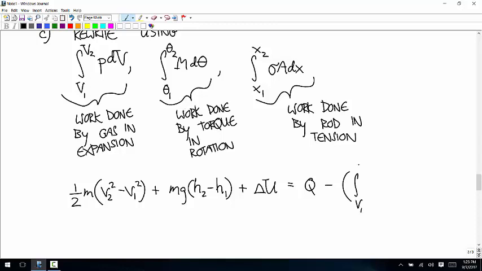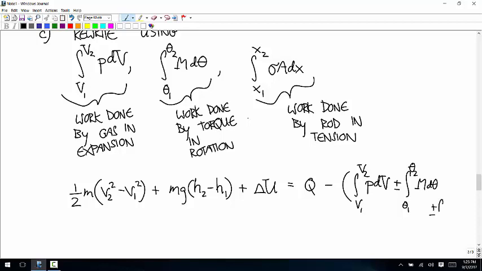So you have the work, the integral of PdV. You have, depending on the next two, work that's done on the system or work applied by the system. So I'm going to do both of these as plus or minus, depending on whether the torque is doing work or having work done. But the integral from theta 1 to theta 2 of m d theta, bless you.